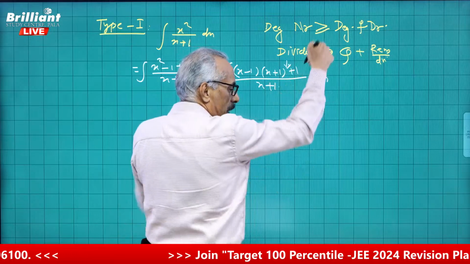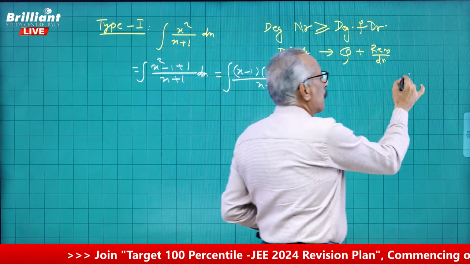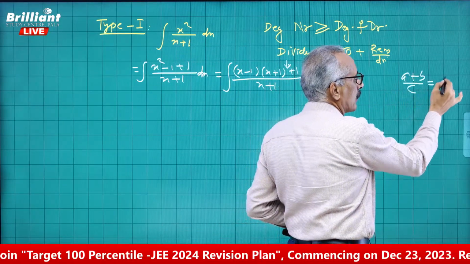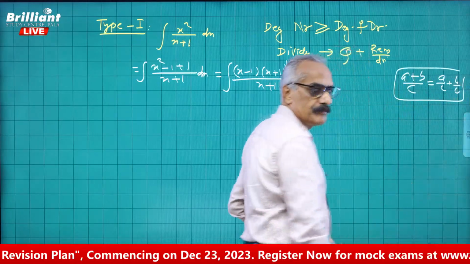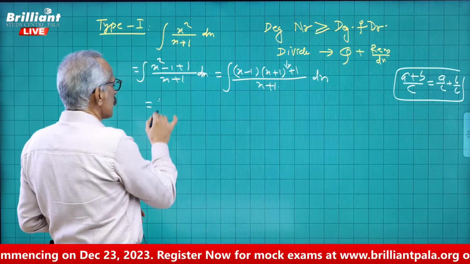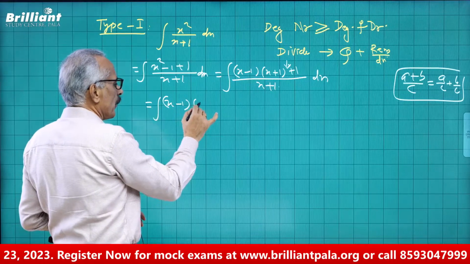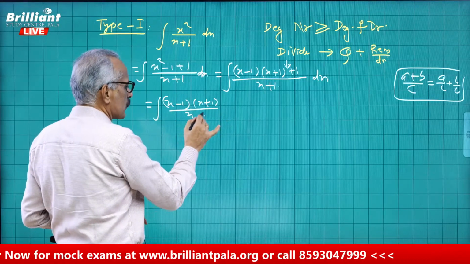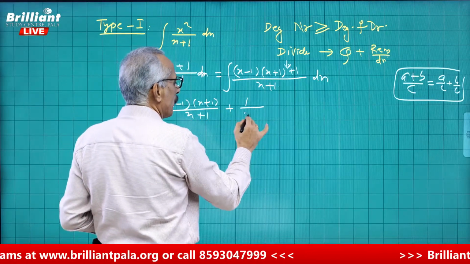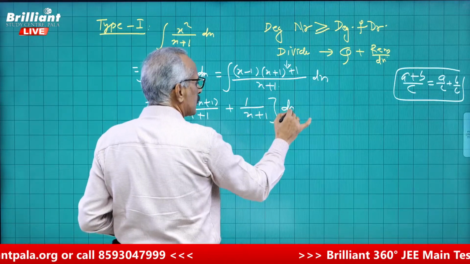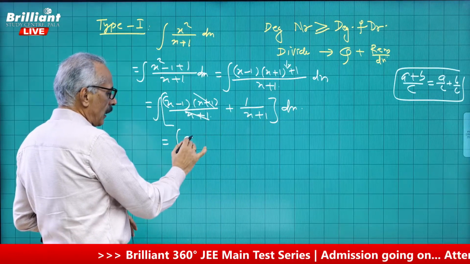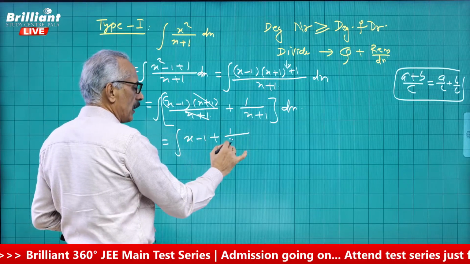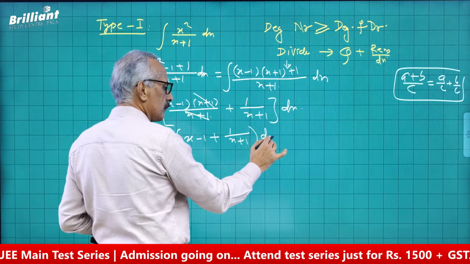Now we split it, because a plus b divided by c is equal to a by c plus b by c, a fraction property. So we write integral x minus 1 into x plus 1 divided by x plus 1 plus 1 divided by x plus 1 dx. Agreed. x plus 1 cancels. Integral x minus 1 plus 1 by x plus 1 dx.